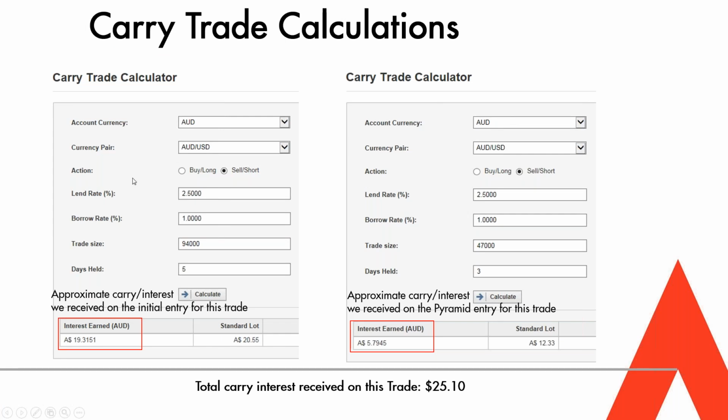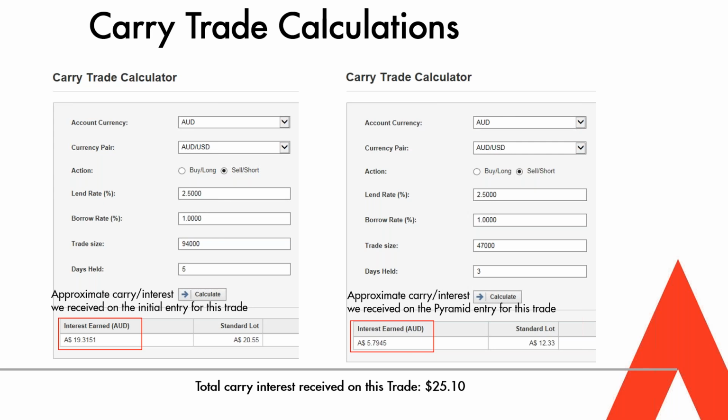So just calculating the profits at the time of that trade. In this case, we've got the carry trade calculator out. The trade at that time was running for 5 days on a $94,000 contract. So that's our initial entry there. 5 days in the trade short on the Aussie US dollar with a $94,000 contract, we were paid $19.31.